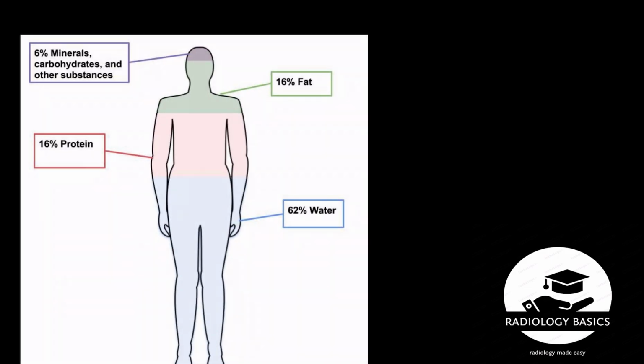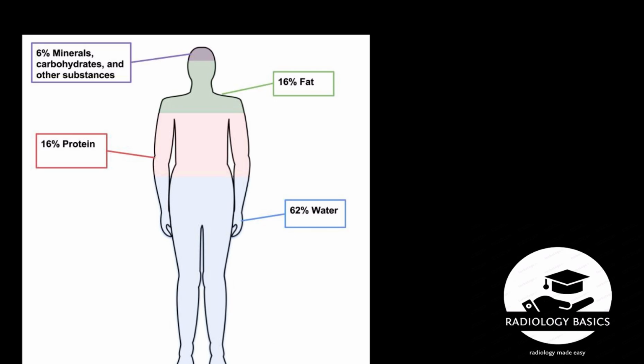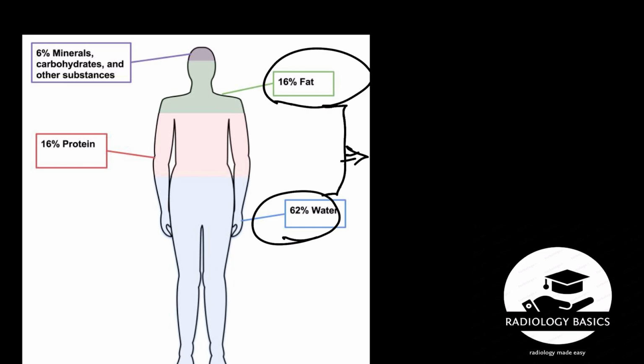First, before we deal with what MRI is, the human body is made up of 62% water and 16% fat. Both water and fat are made up of hydrogen atoms.